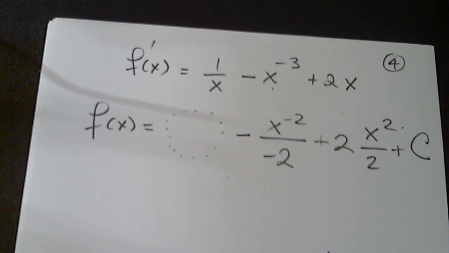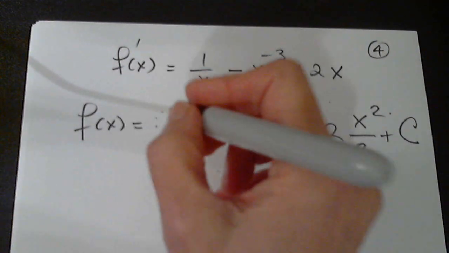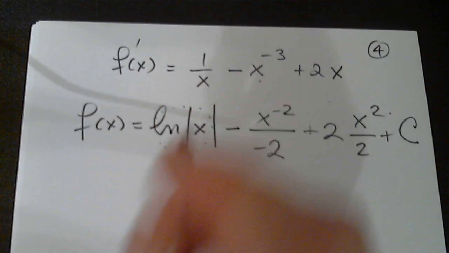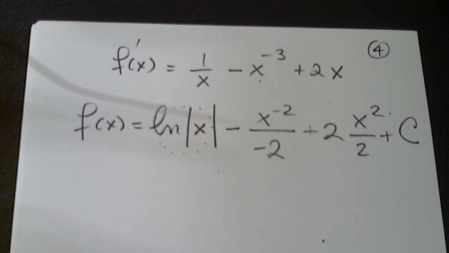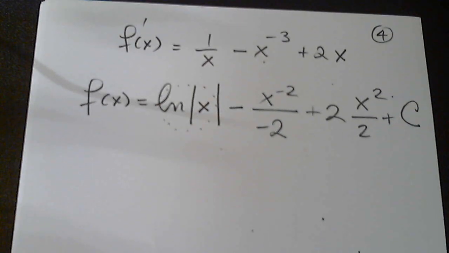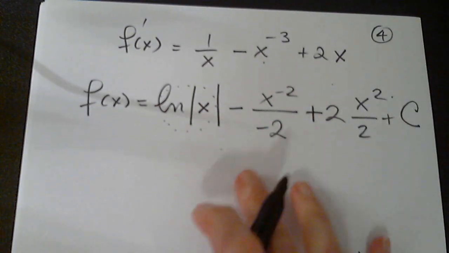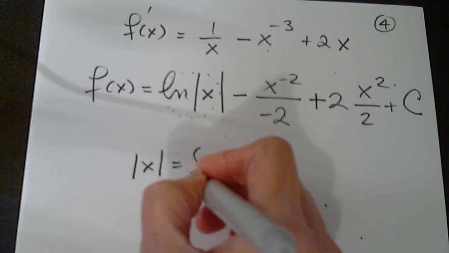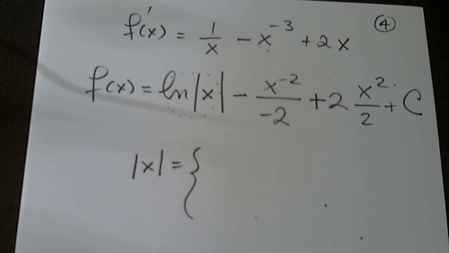Anyone remembers? It's an LR. Thank you very much. Natural log of the absolute value of x. I waited till this moment to talk about this absolute value inside natural log. So if you remember, the absolute value can be two things.